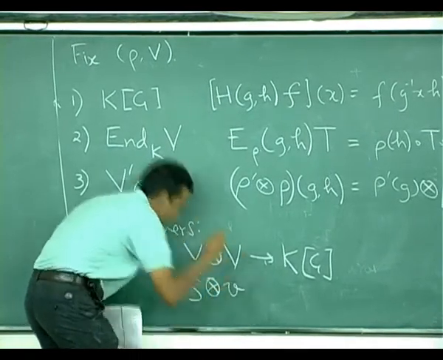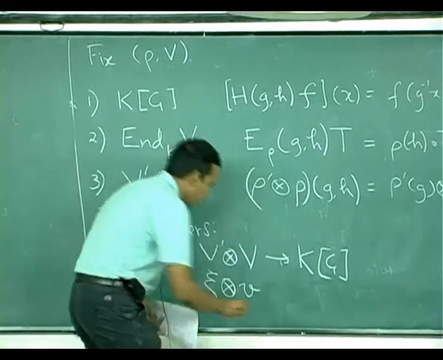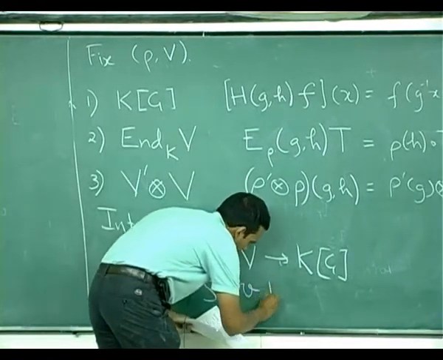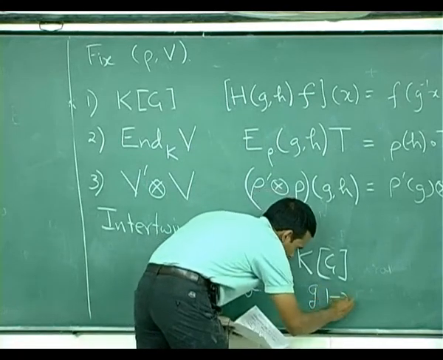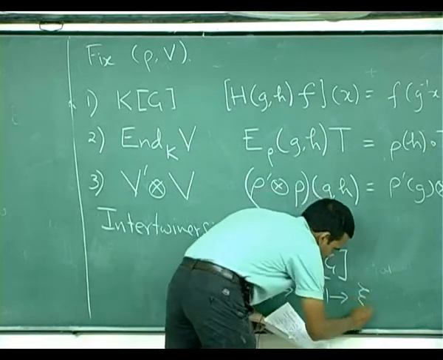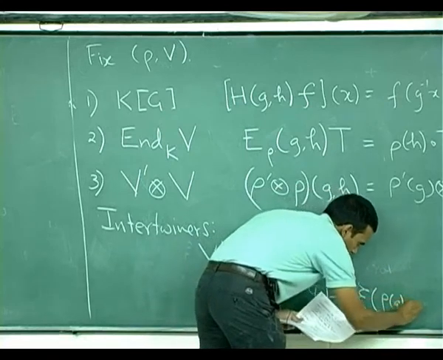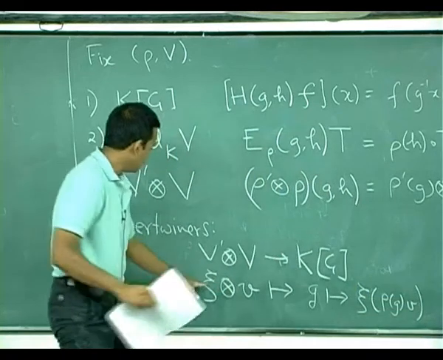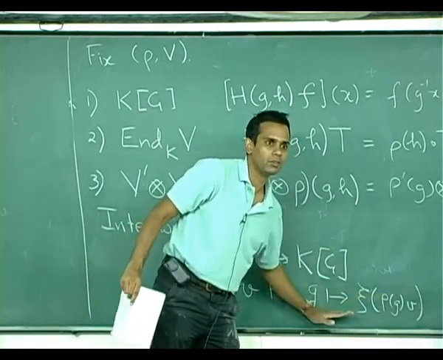So these kinds of things will span V prime tensor V. And this should go to a function of G. So that function takes G belonging to G to Z rho G V. So given a linear functional and a vector, you can construct a function on G by this formula.